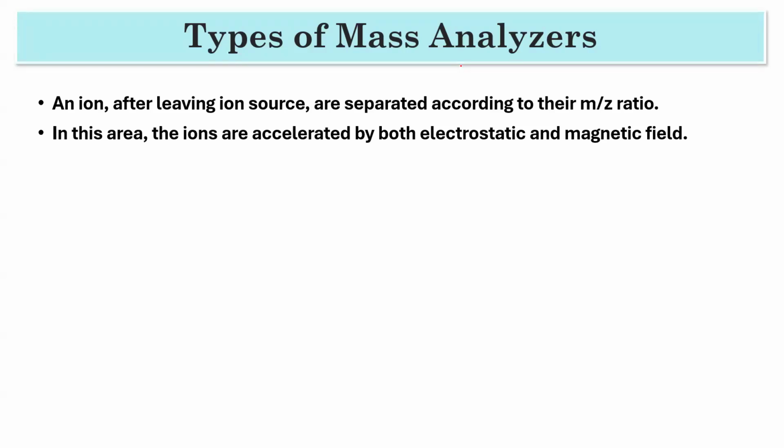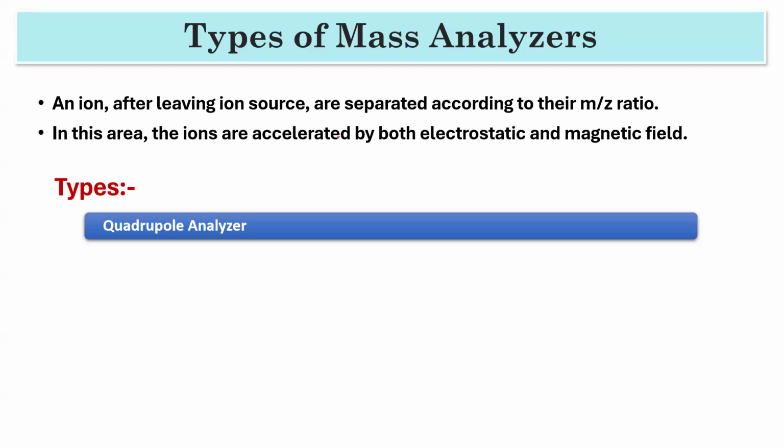After that, the mass analyzer will start working. As I have written here, any ion after leaving the ion source will be separated according to their m/z ratio. In the mass analyzer area, ions are accelerated by both electrostatic and magnetic fields.